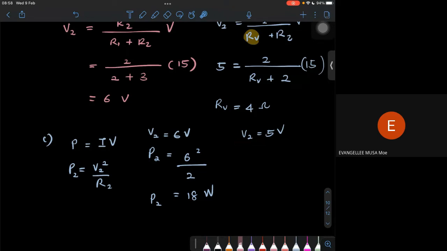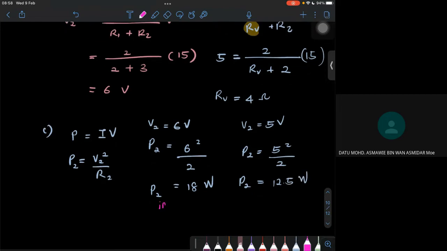And then apabila V2 is equal to 5 volt, you will get P2 will be equal to 12.5 watt. Okay, so kita tengoklah, this one is initial situation, this one is final.